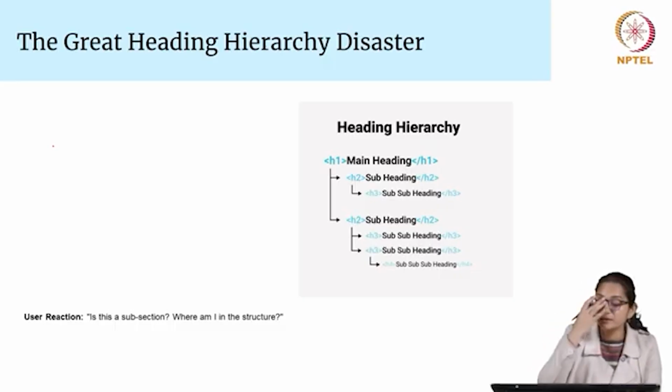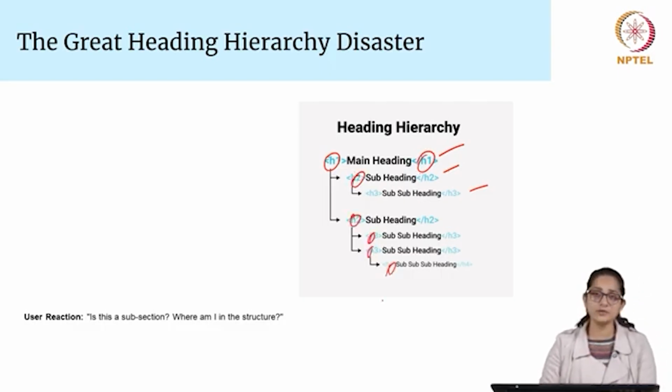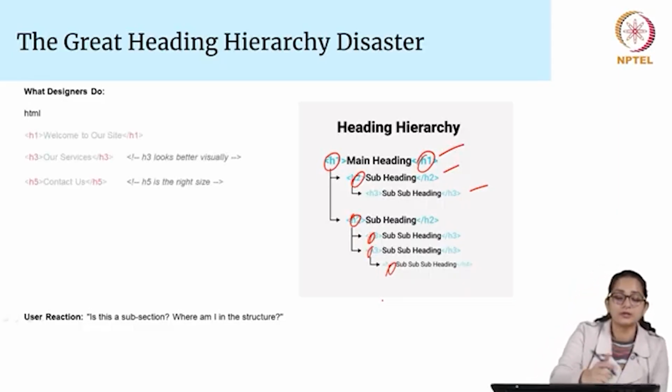Heading hierarchy means that there is a main heading, a subheading, another subheading, and all of these labels, h1, h2, h3, h4, which are already part of your HTML code, right? So what the designers do, they put these labels.